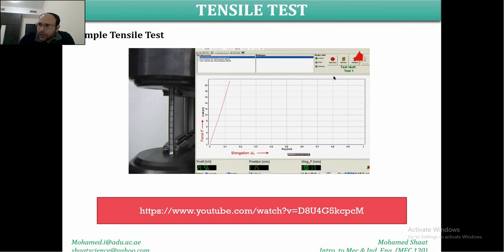What does it mean, elastic behavior? As I'm going to explain in more detail, it means that if for some reason we decided to stop the machine and remove the force, the material sample length will be restored back again. This elongation will be eliminated and the material will be shortened back to restore its original length. In this case, the material works like a spring.